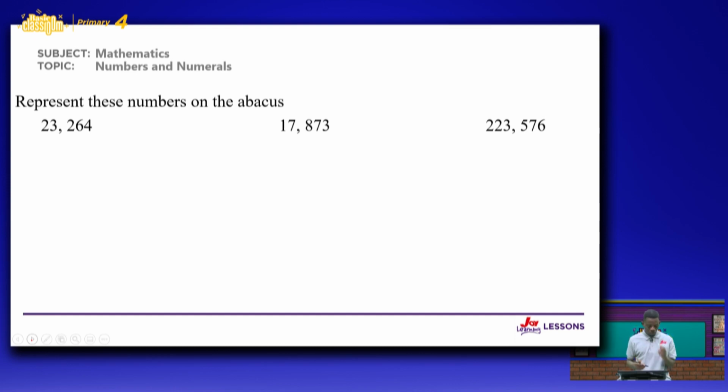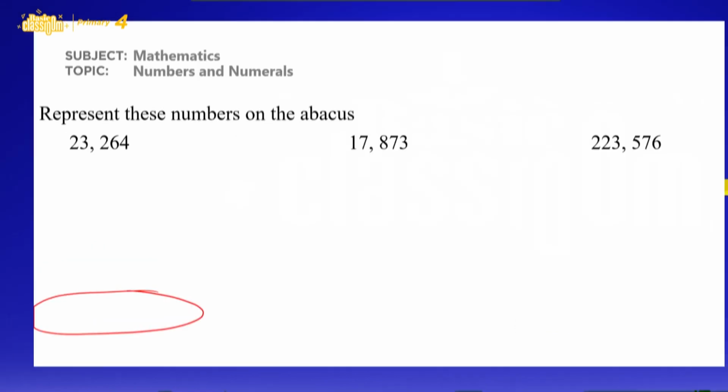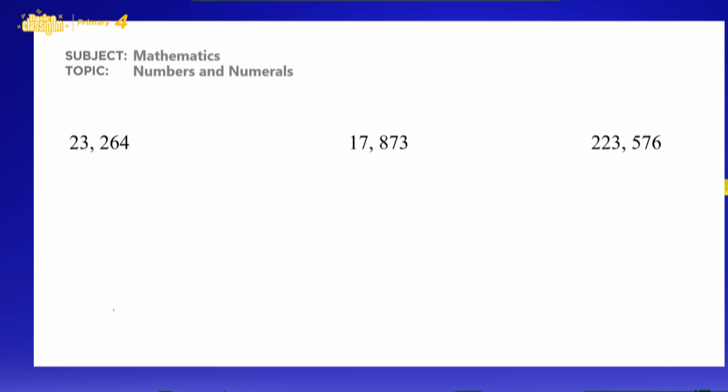Let us try. In this, we are going to draw our abacus nicely. Your oval can be in the form of a rectangle or any shape. What we need to do is that we need to see our ones, our tens, our hundreds, our thousands, our tens of thousand, and our hundreds of thousand.